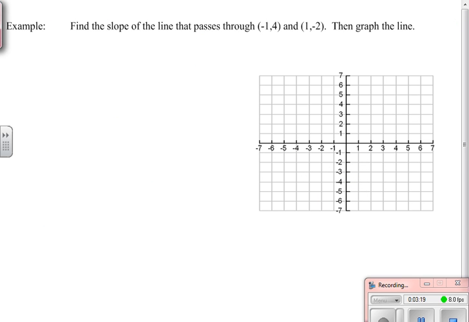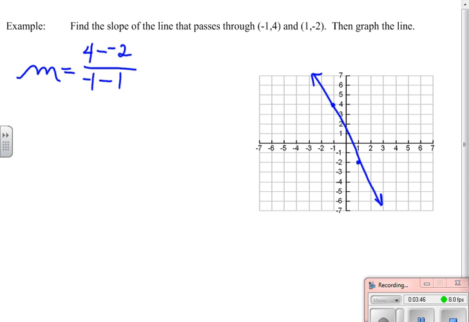Well, let's look at this one. Find the slope of the line that passes through negative 1, 4, and 1, negative 2. Let's graph it first. Negative 1, 4, 1, negative 2. So we have a line cutting down like so. So let's figure out the slope. The slope is y minus y over x minus x.